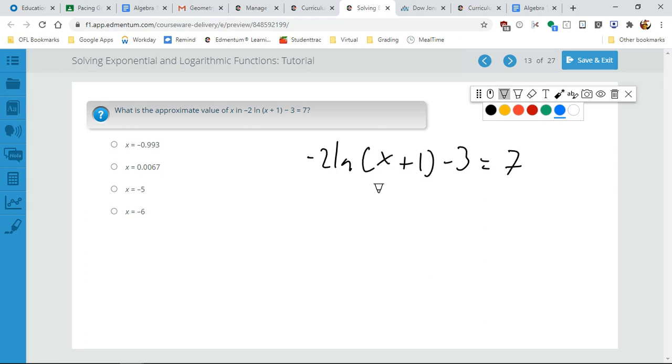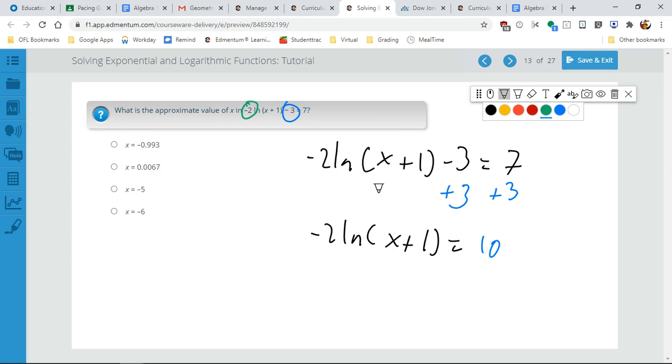I want to add this 3. I want to get rid of this negative 3 right here. So I'm going to add to both sides. So bring everything down. Equals 10. All right, I'm going to start trying to color code stuff now too. Hopefully that will help you guys.